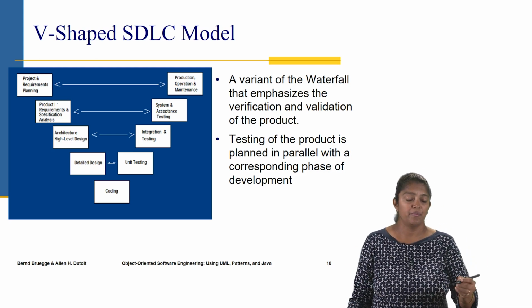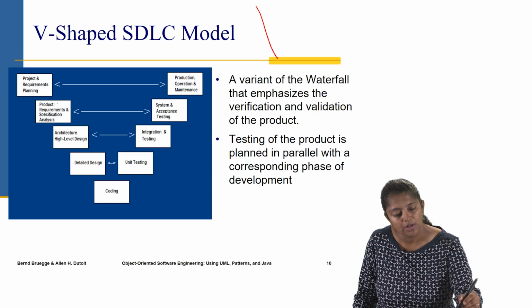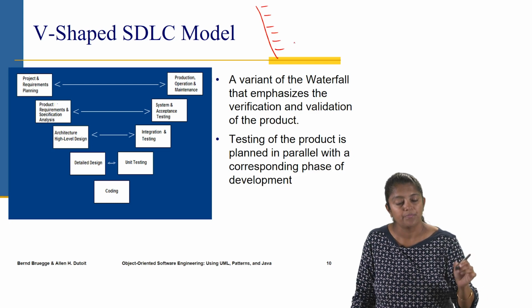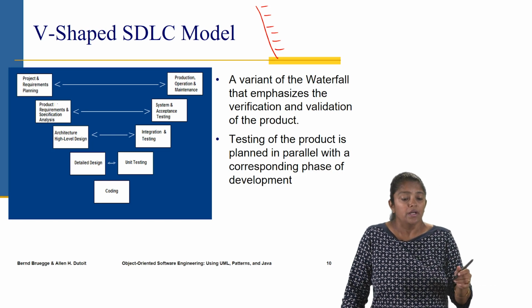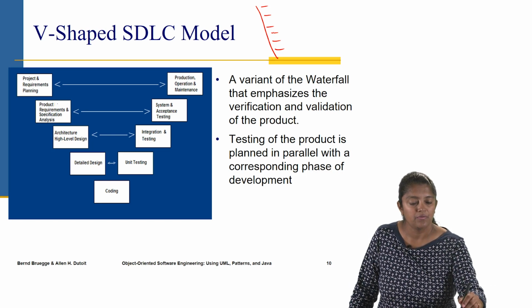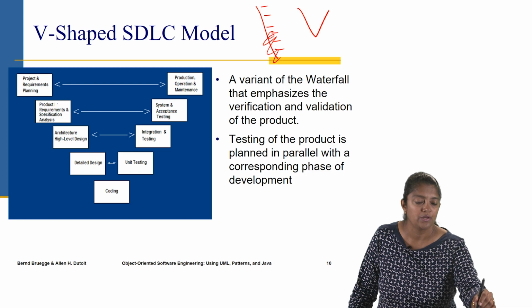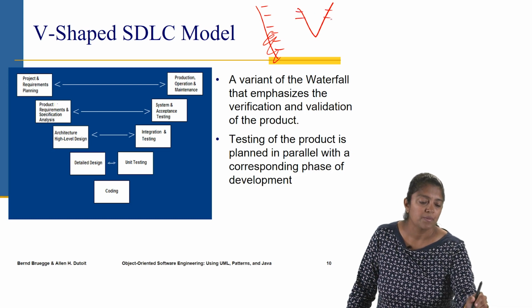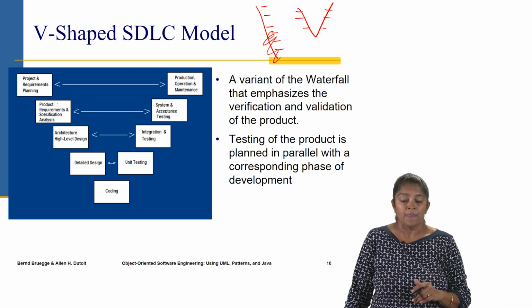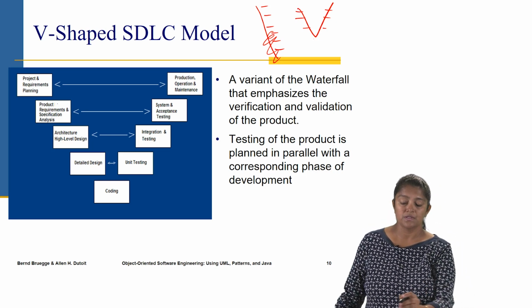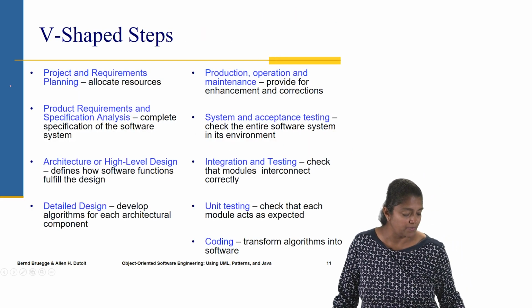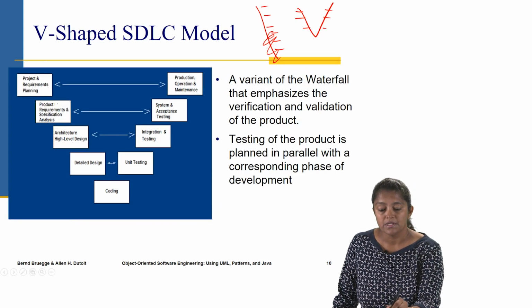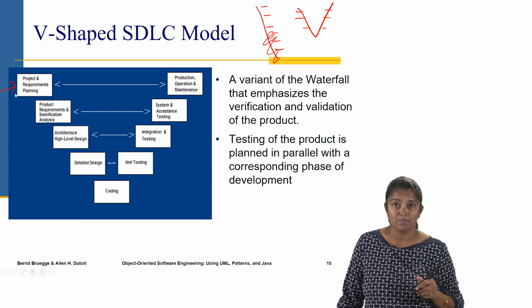So in the waterfall we saw that we had each of these activities being done in a sequence, one after the other. In V-shaped, you'll see that we break it at some point and bend it into a V, so that some of the steps can happen in parallel. And the steps that are happening in parallel, as you can see, this first step is the requirements, the project requirements and planning.